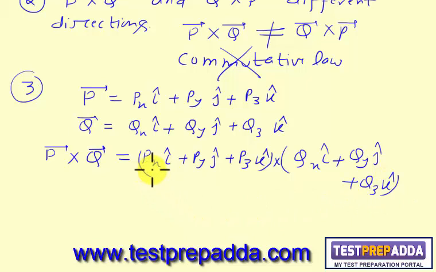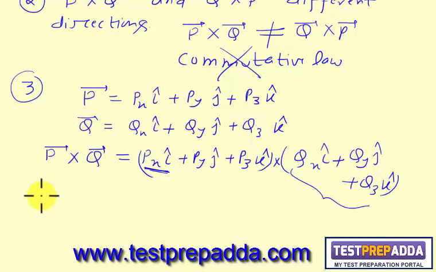So I'll multiply the first term of vector P with all three terms of vector Q. Similarly, second will be multiplied with all three terms. Third will be multiplied with all three terms. And as in the previous case here, the unit vectors will be multiplied. So we need to have the idea here.